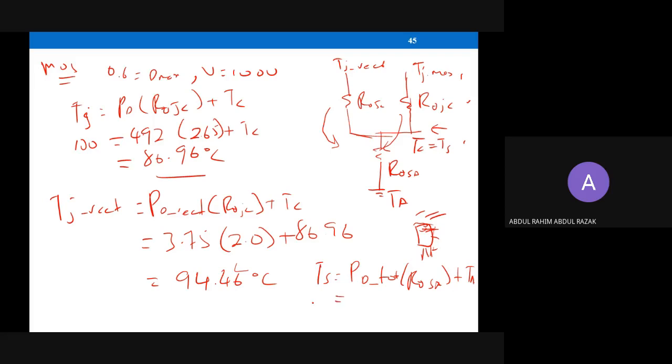So you solve this one. TS you put in here. TS is the same as TC because we are sharing the same point, 86.96.